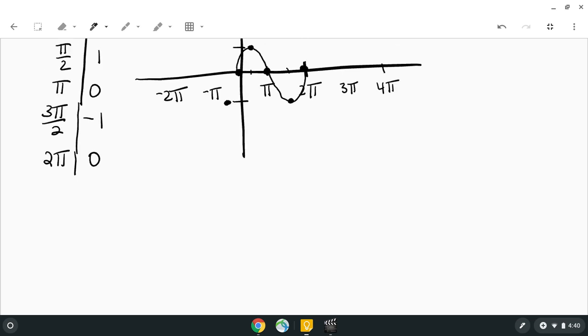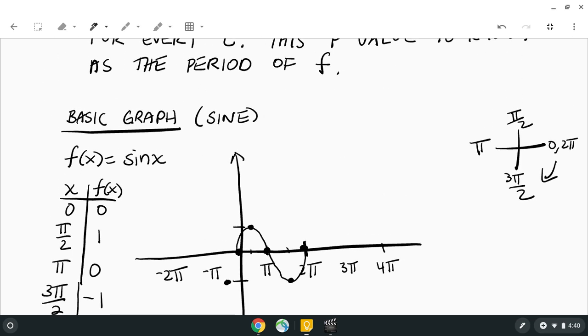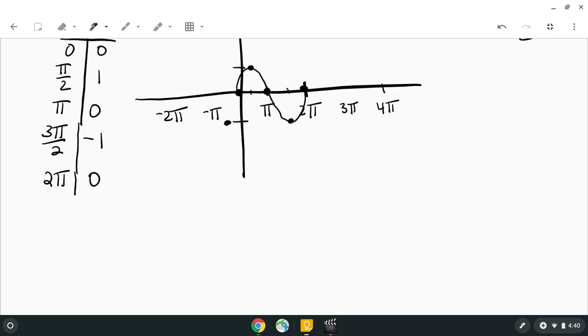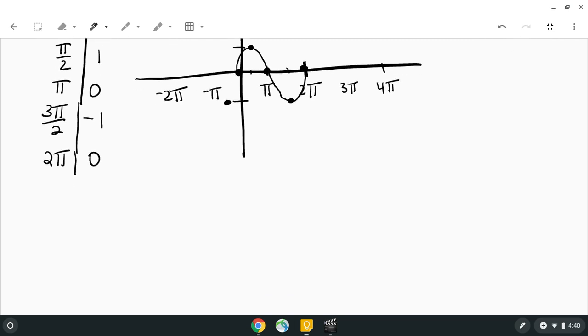All right, so let's take a look at transformations. This is the parent function that we are working with here. You're used to doing shifting, and we will be doing shifting up and down, and stretching or shrinking, or flipping it over the x-axis.